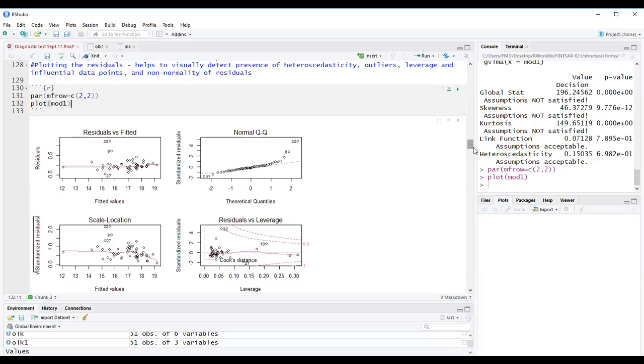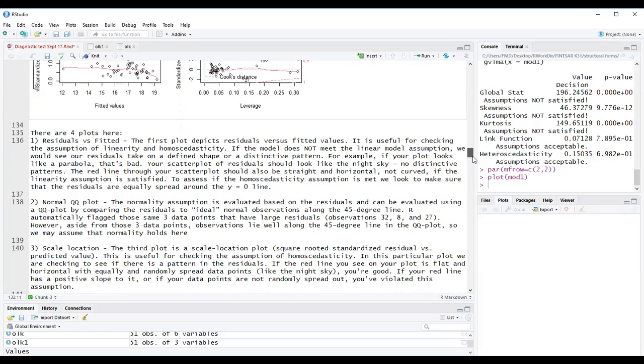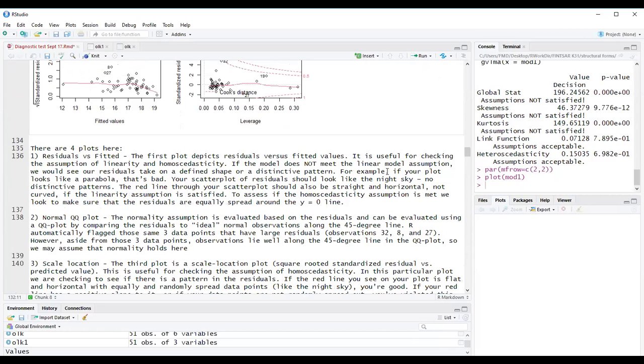Ngayon, okay, may mga notes ako dito. Ito, guys, pakibasa lang to, no? Pero let me just point out that importante to para ma-determine natin yung assumption ng linearity of the relationship between your dependent variable and independent variable. And also, homoskedasticity. If the model does not meet the linear model assumption, we would see our residuals take on a defined shape.